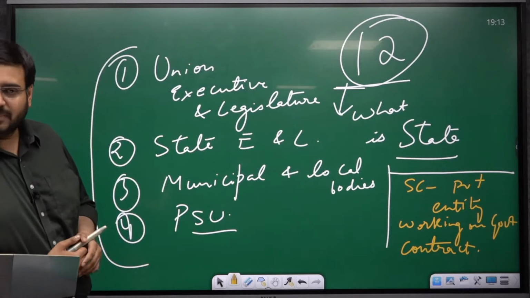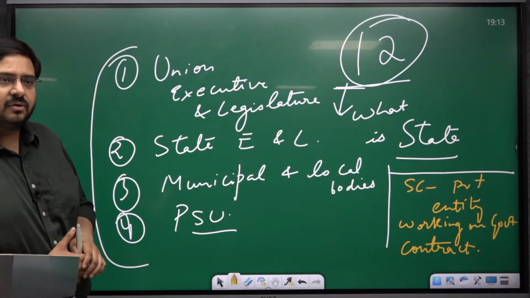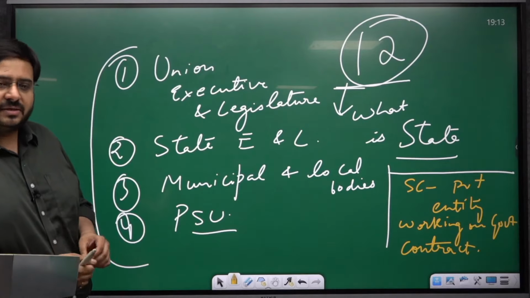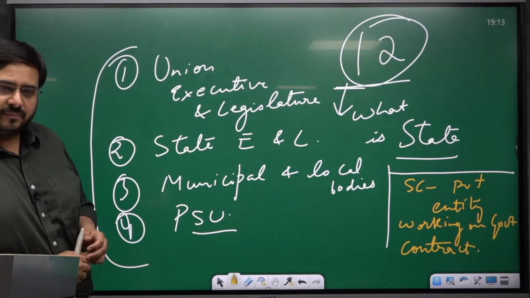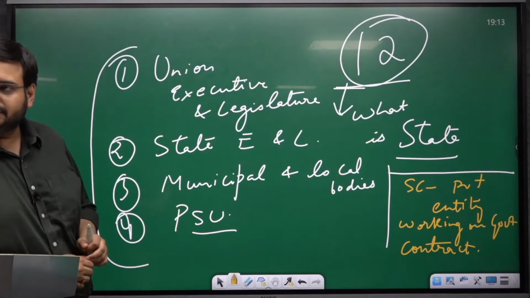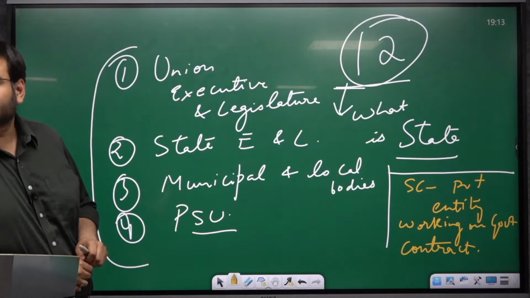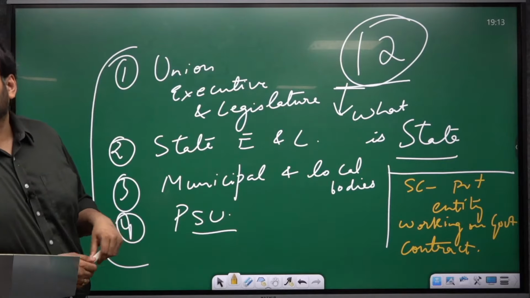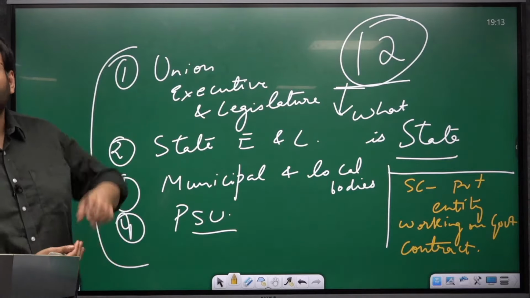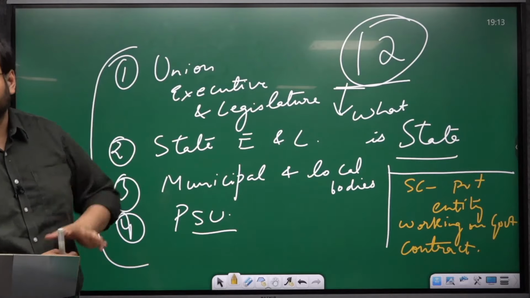Do we have any doubt from Article 12? Yes or no? It may be considered as a state, but it is not a state. It is a private entity. Okay? But they wanted it to be considered as a public authority.